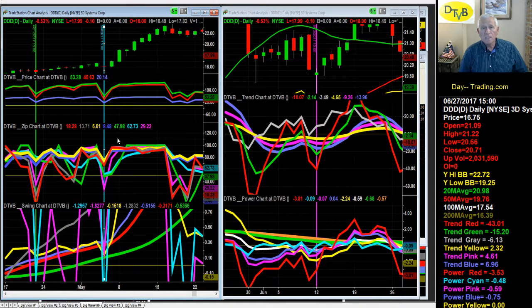When you see that it was not pushed, it stayed high. Red stayed up at 67. When that happens, that tells you that you have a real strong upward movement in the market, or in the forces within the stock that you're looking at.